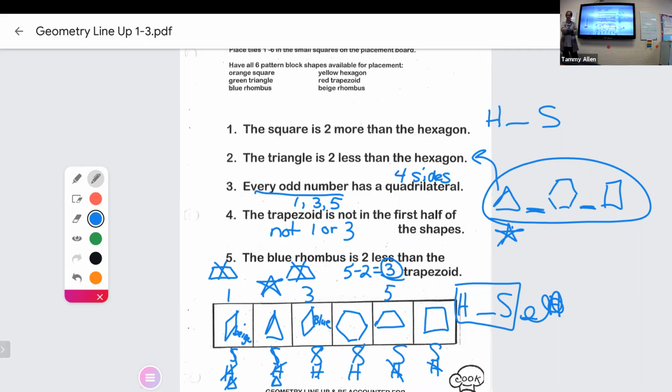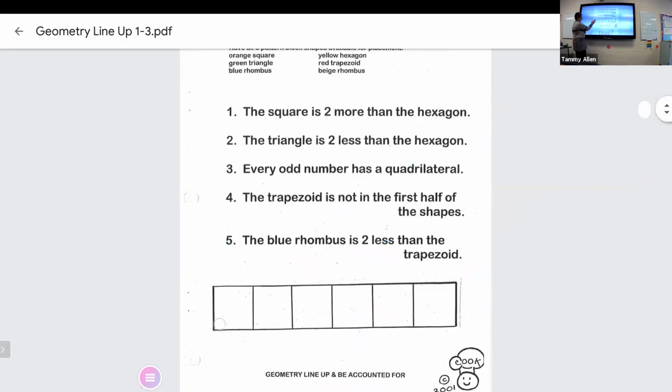Questions on that? Anybody? Okay. Let's take a look at the other side then. This doesn't repeat again. Next to the clue, show me what you're doing with the clue. Does that make sense? Questions?